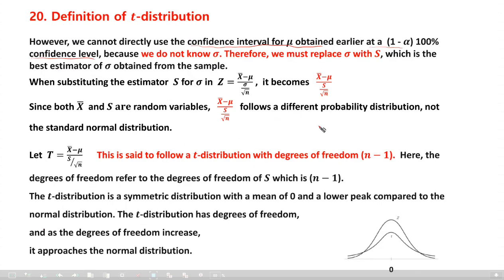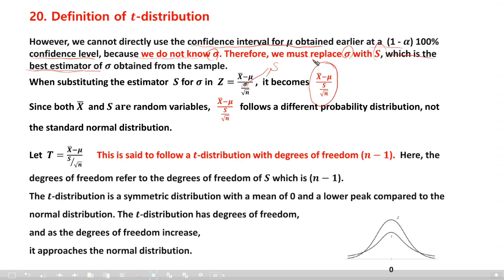Okay, we do not know sigma, therefore we must replace sigma with S. What is S? S is the best estimator of sigma obtained from the sample. So replacing sigma with the estimator S, it becomes x bar minus mu over S over square root of n, right?